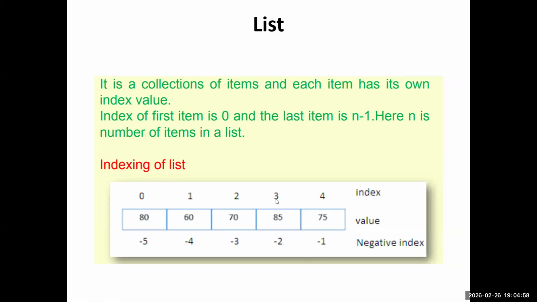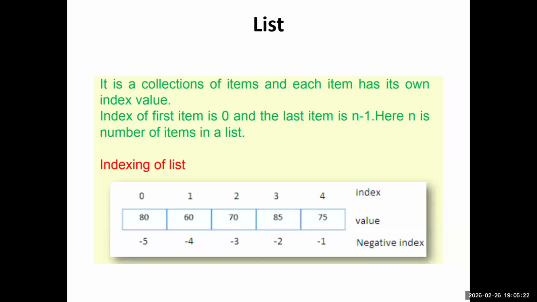Similarly, the fourth value is 3, then the fifth value is 4. Okay. You can use both positive index as well as negative index. Whenever using an array in other languages, you can move only in the forward direction. It is not possible to move in the backward direction.